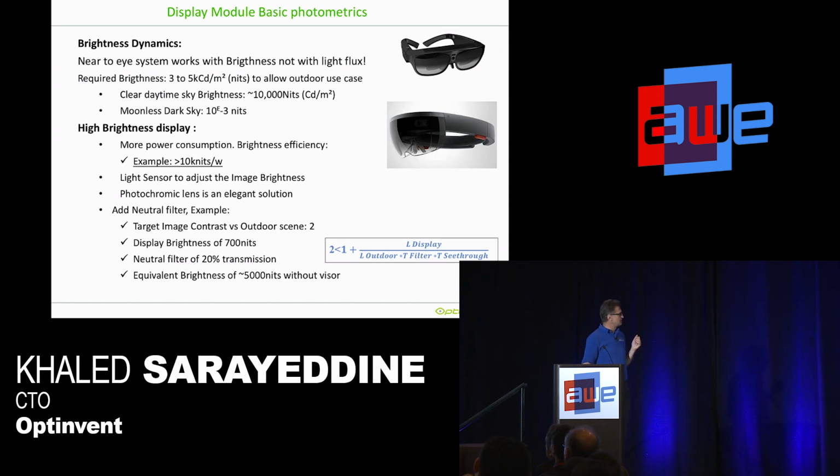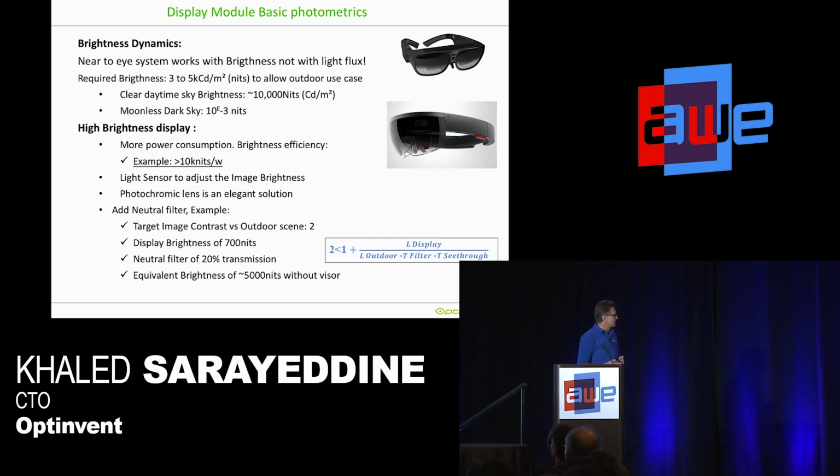To give a value, if you are outside, the brightness can go up to 10,000. Actually, for a car, the required value is even higher, 12,000. And for a dark night, it could be very, very low.